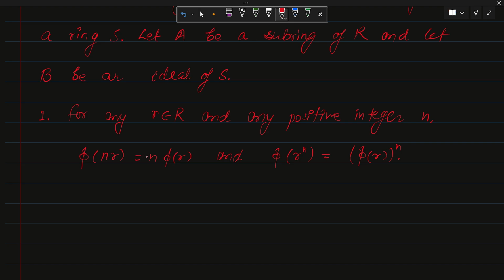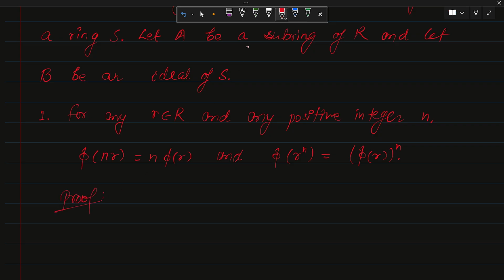And that is same as twice of its phi image. And the same thing is here we are having the multiplication, and r to the power n represent the multiplication of r by itself by n times, right? And this is same as the n copies of phi image of r. Okay, so let us try to prove this, and then we will come to the next statement.